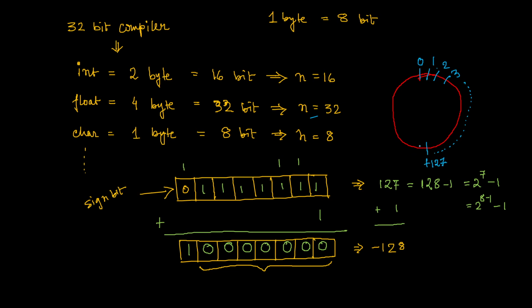If you add 1 again, the next value will become minus 128. If you add 1 again, you will see it becomes minus 127. Then minus 126. In this way, minus 125. In this way, it will be 0 again.